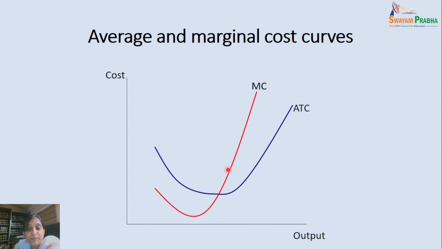Here, when average cost is minimum, marginal cost is equal to it. So basically AP and MP are a mirror image of MC and AC, because ultimately what is cost? Cost is a derived relationship of the production.